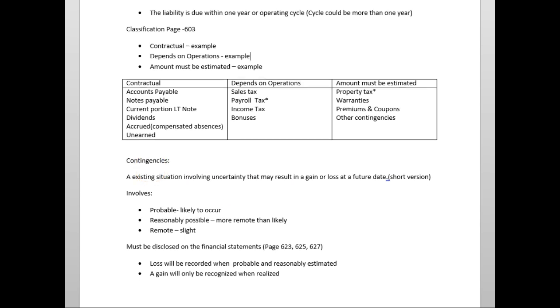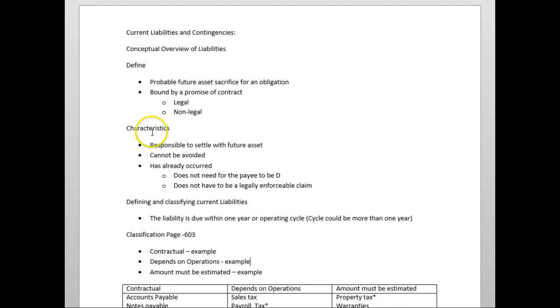So let's go back to the top and start with what is the definition of a liability. And this definition is for both a long-term and a short-term liability. The definition is a probable future obligation that's going to require an asset sacrifice, usually in a monetary asset.